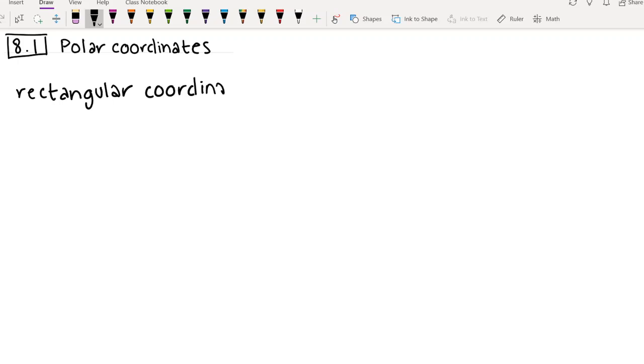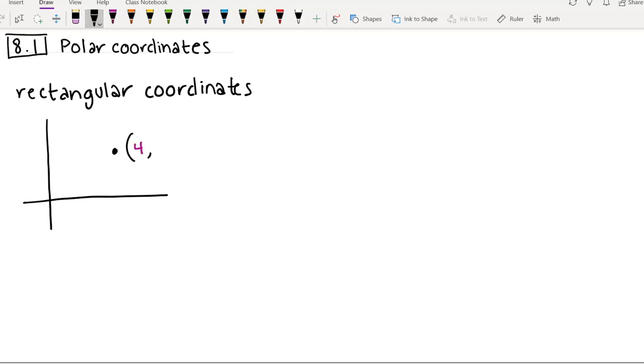So for example, you might have a point with coordinates 4, 3. If you have a point that has coordinates 4, 3, I think we all just take that for granted. Ever since you started learning about graphs, you've learned about these x and y coordinates. What do they really mean?